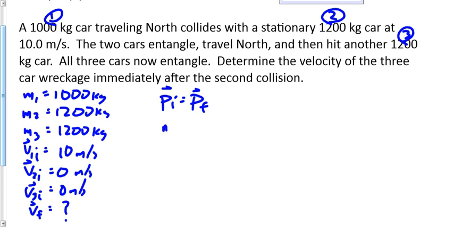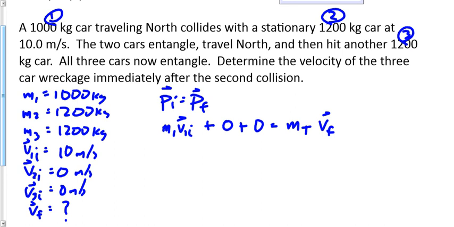There are three objects: M1 V1I before the collision, plus, why don't we just say 0, because the second car is at rest, and the third car is at rest as well. But if they weren't, we'd just say M2 V2I plus M3 V3I, right? Equals, David, you said, total mass times VF. Absolutely, we have to include that total mass.